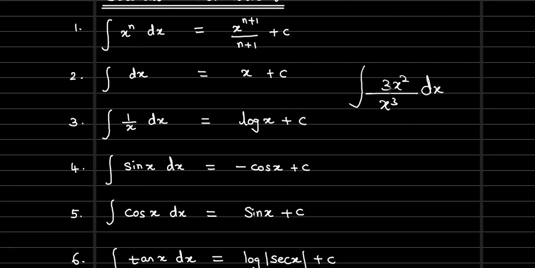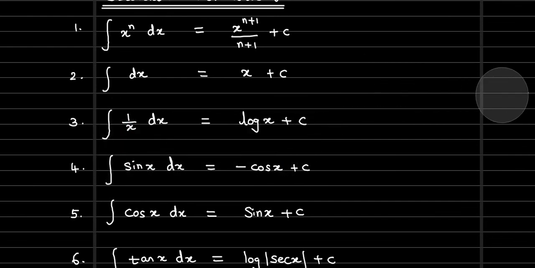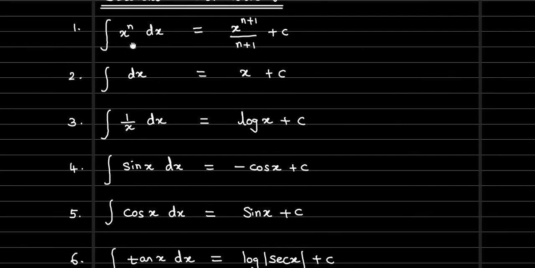So there is a relation between the numerator and denominator in terms of the derivative. When it is related like this, it is simple: the denominator function we put inside the log. That's all. So this way also you can remember. So integral 1 by x dx is log x plus c. And when n takes minus 1 in x power n, please don't use the power formula.